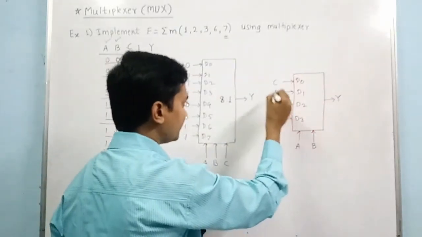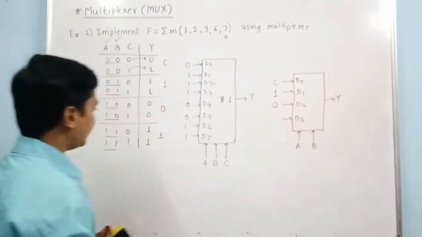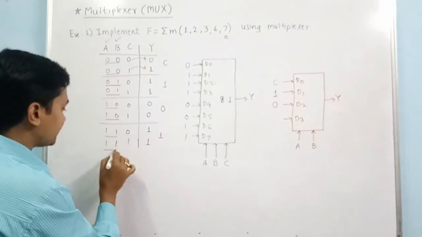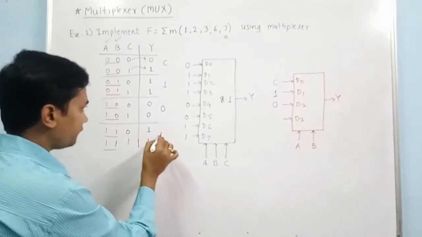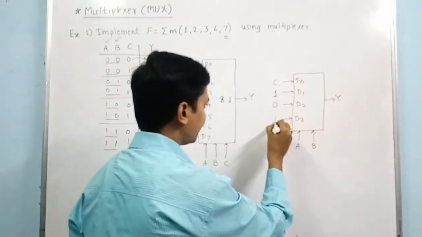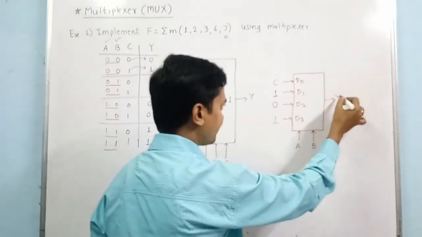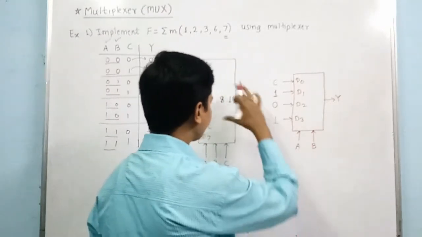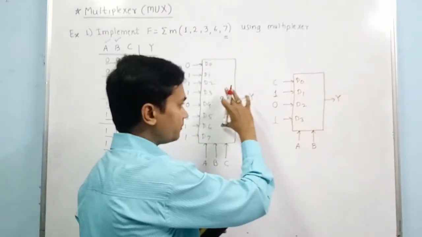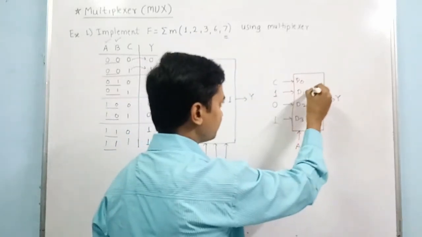So I will forcefully send the value 0. Then for 1 1 combination, the C doesn't matter, the output is forcefully 1. So here I will write 1, which will be transmitted at Y when A and B is equal to 1 1. So the same functionality is achieved by using 4:1 multiplexer.